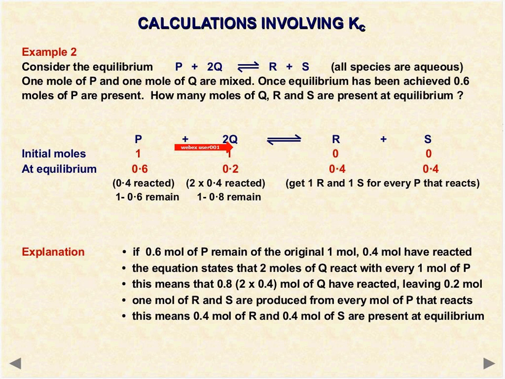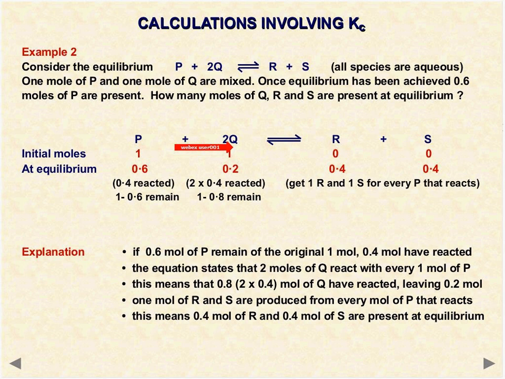I will say that if 0.4 moles of P is reacting, then Q will be 0.4 times 2, that is equal to 0.8 moles of Q reacting.